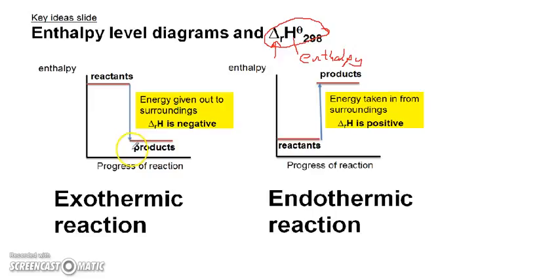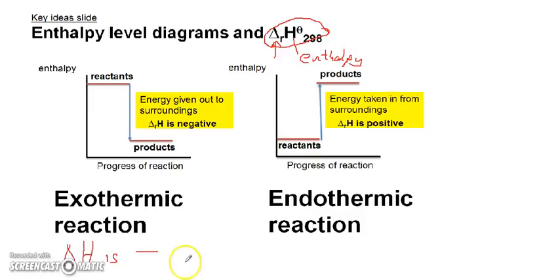So one other important idea that you're going to need later on is that in an exothermic reaction, delta H is negative.